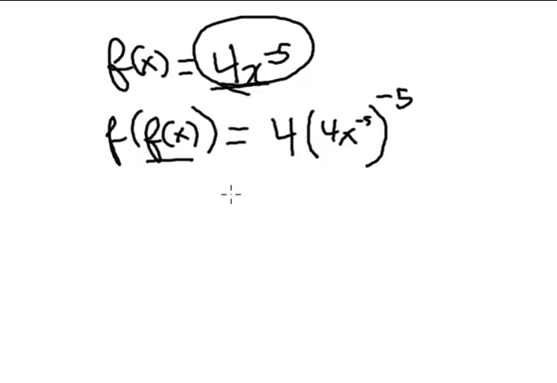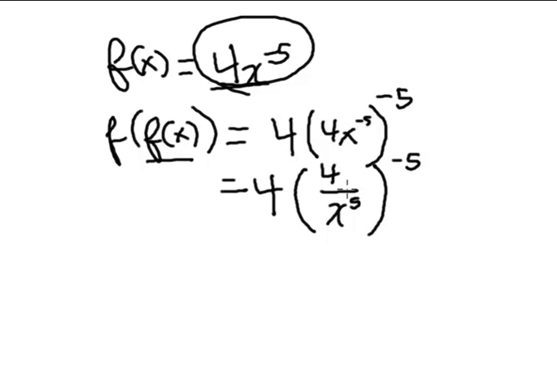Now we have to simplify this. This is not fun to simplify, but I'll start by looking inside the parentheses. Only the x is raised to the negative fifth, not the 4. So the 4 stays where it is, and the x to the fifth goes to the denominator, and notice that when it went to the denominator, the negative turned into a positive. Now I need to take this whole 4 over x to the fifth and raise it to the negative fifth.